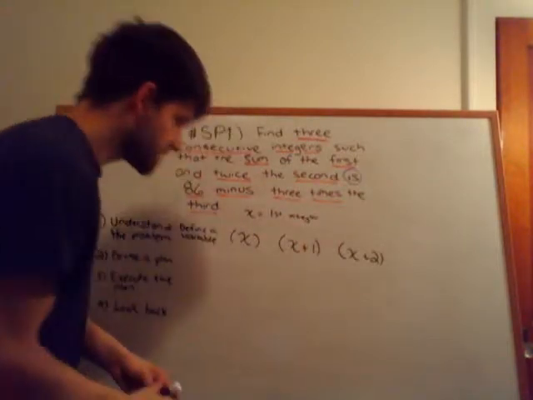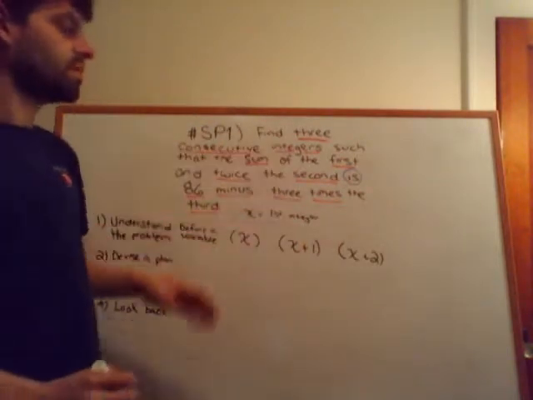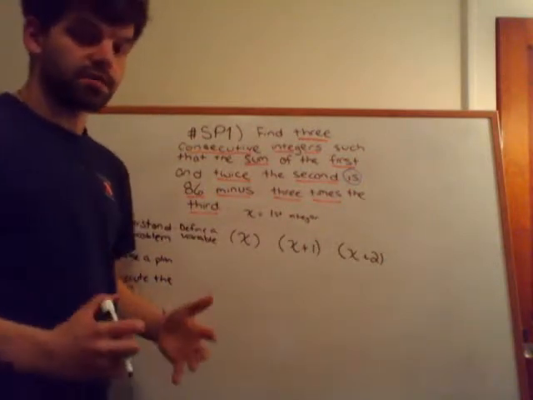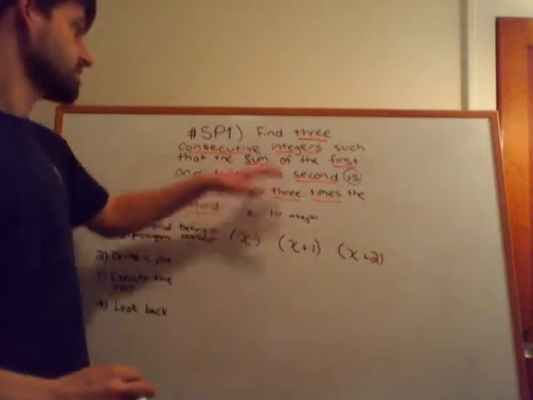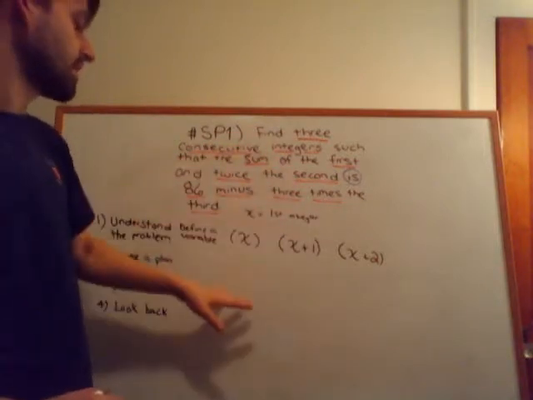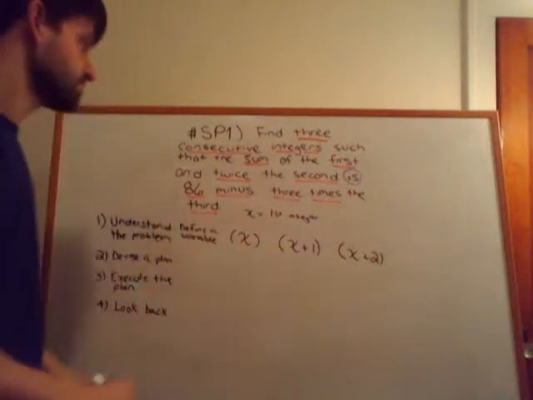So now I'm going to take this information and put it into a mathematical expression. And as I'm formulating the equation, I'm going to show you where I'm getting the equation parts from.